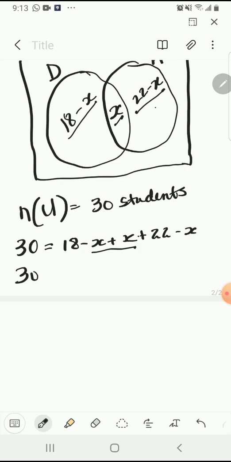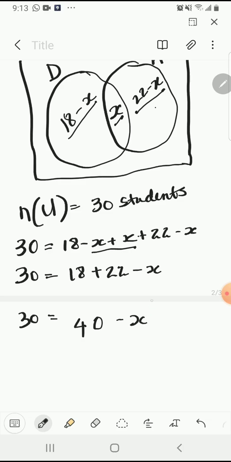So in simplifying our equation, we will get 30 is equal to 18 plus 22 minus x. All right. So now we can easily add 22 to 18. When we add 22 to 18, we will get 40. So 30 is equal to 40 minus x.